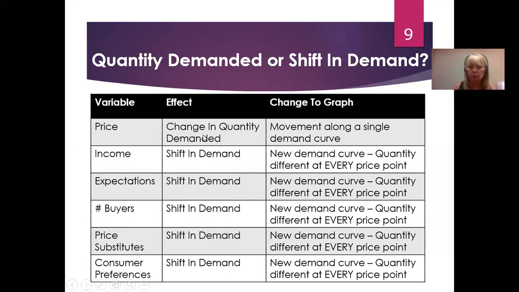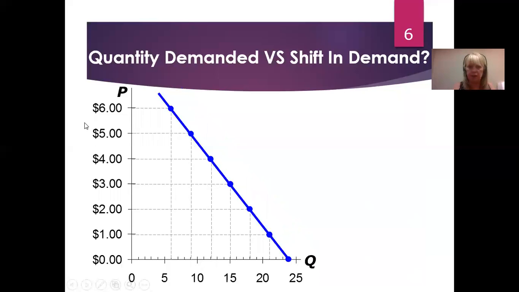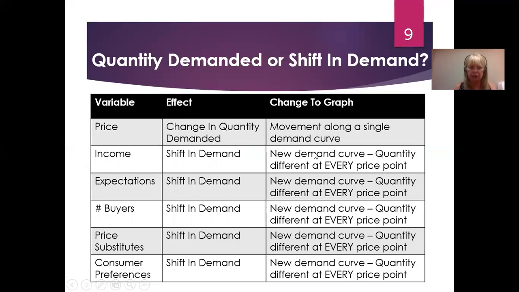The only variable that can change quantity demanded is price. If price changes, we have a change in quantity demanded, and you'll see that as movement up and down this single demand curve. I hope that makes sense for you, and I hope you found this lecture helpful.